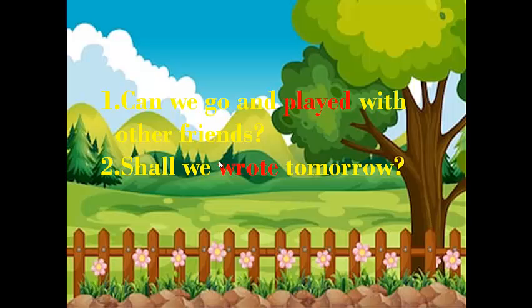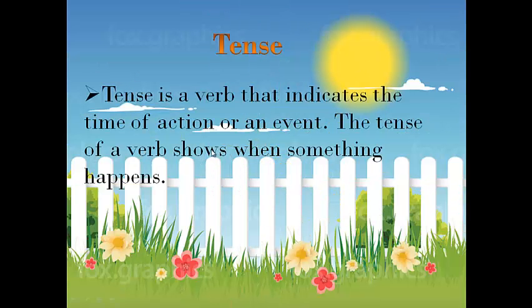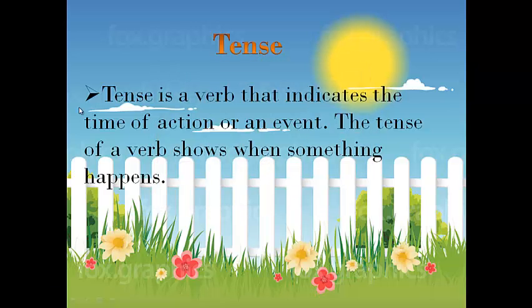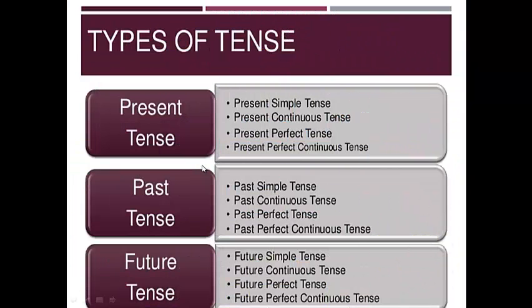Let me tell you the definition of tense. Tense is a verb that indicates the time of action or an event. The tense of a verb shows when something happens. This is the definition of tense. Types of tense.